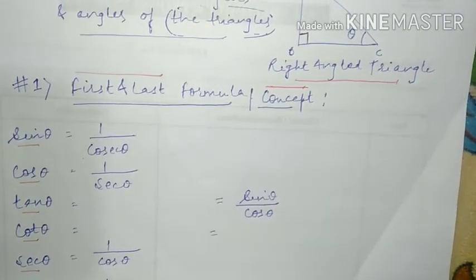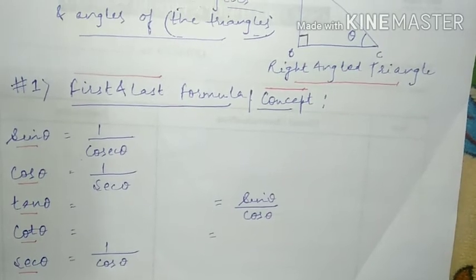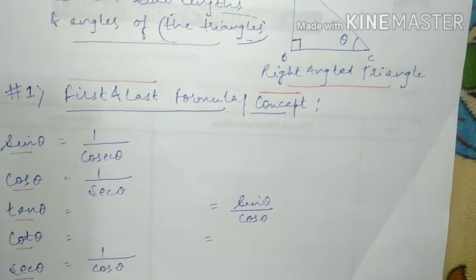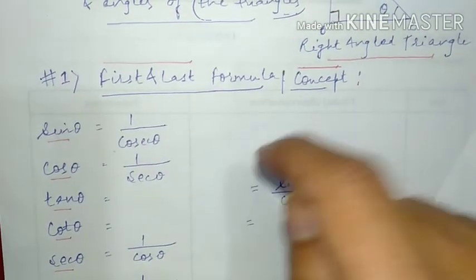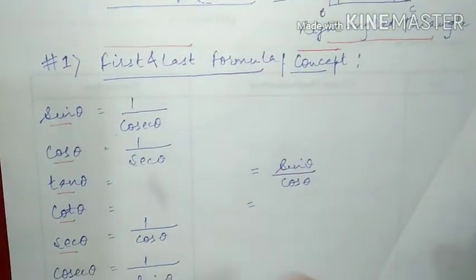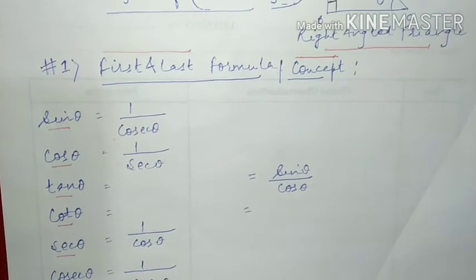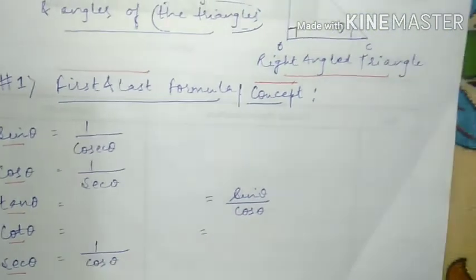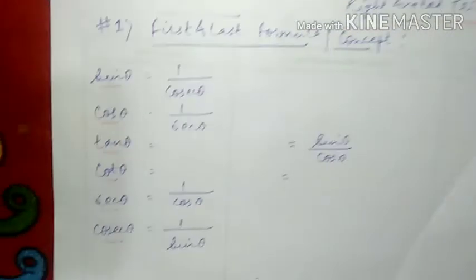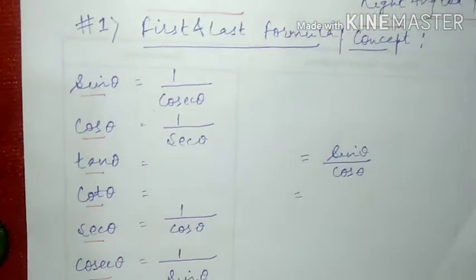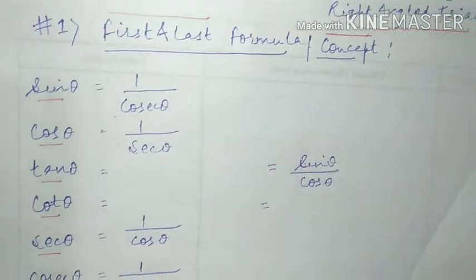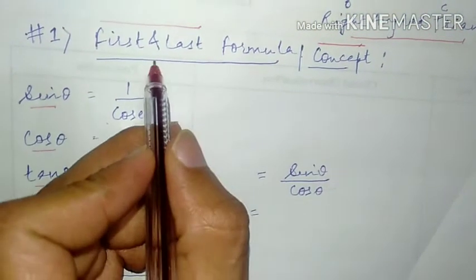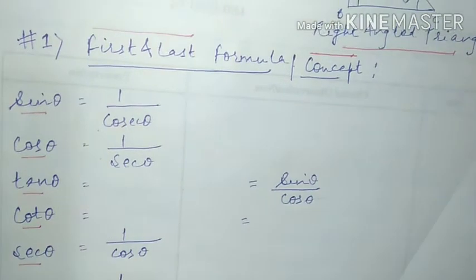You will be able to make all the formulas, right? So how it works, this first concept we are going to study, you are to see how this concept works, and together you are to see the pattern of those concepts, right? So you see, first and last concept we are going to use over here.